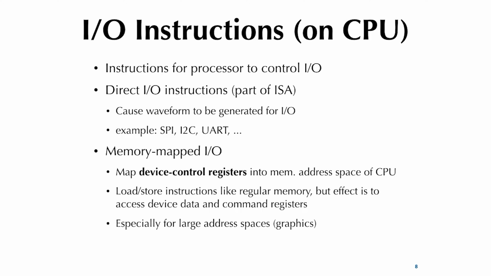Now, the processors don't always support this kind of built-in I/O or these I/O instructions. So what do they do? Well, they can do memory mapped I/O. There you use your move or load store instructions to certain memory addresses. These addresses then have special meaning.